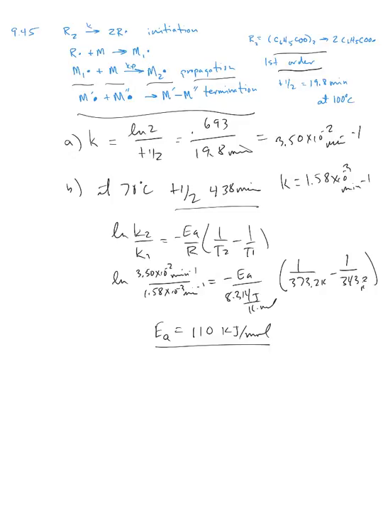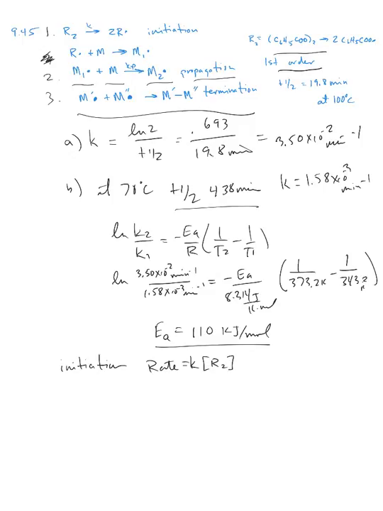Part C says write the rate laws for the elementary steps in the polymerization process and identify reactants, products, and intermediates. If I number these steps, they actually don't number this one here. That's just kind of an initiator step. Step 2 and step 3. The initiation step is just going to be the rate constant, plain old k, times the concentration of the benzoyl peroxide to the first order.